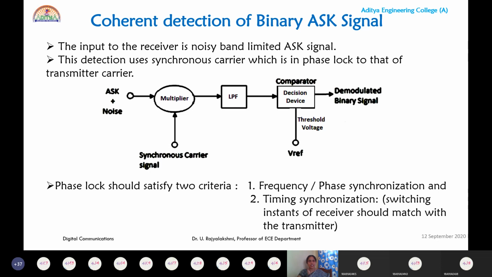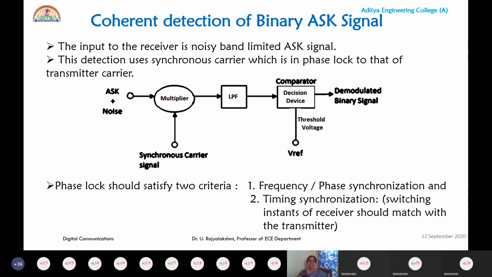So the synchronous carrier along with the noisy band limited ASK signal are both fed to the multiplier. The multiplier takes the product of the noisy ASK signal with the synchronous carrier.